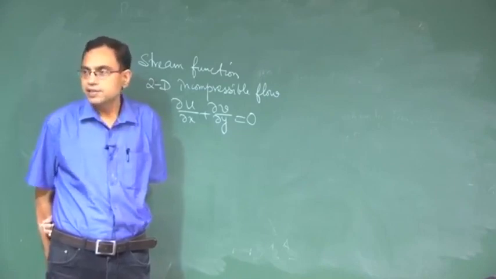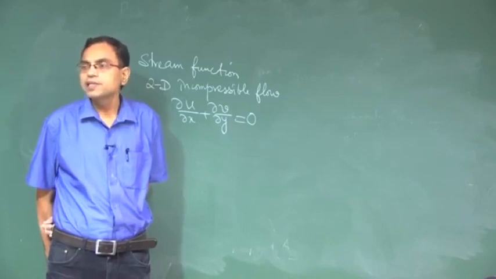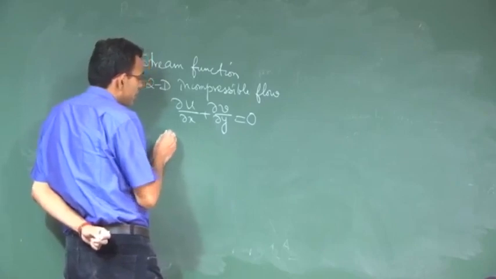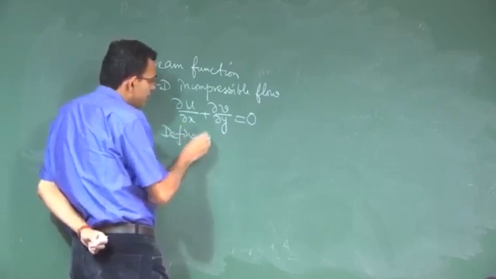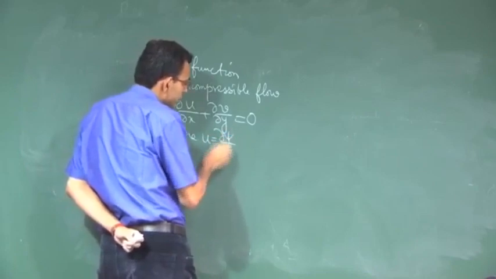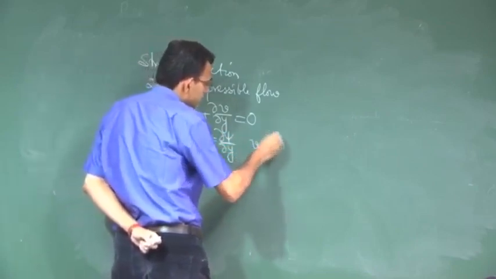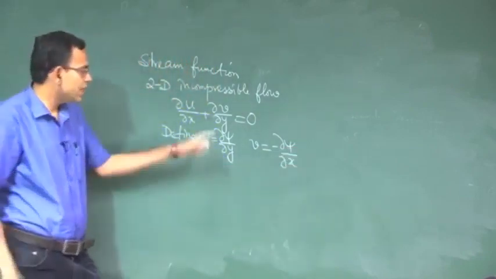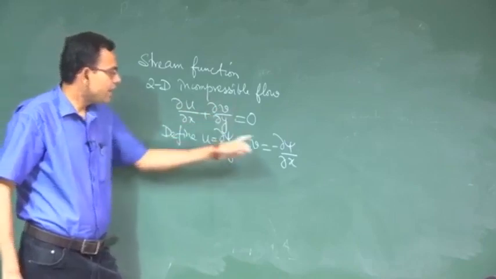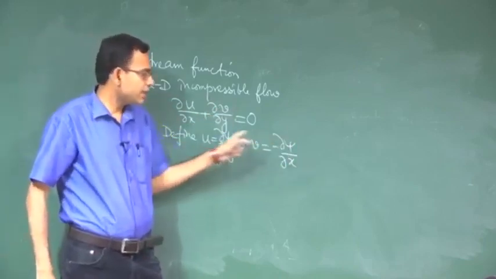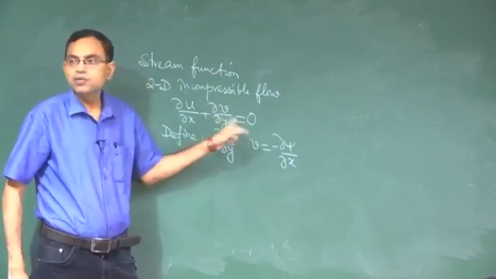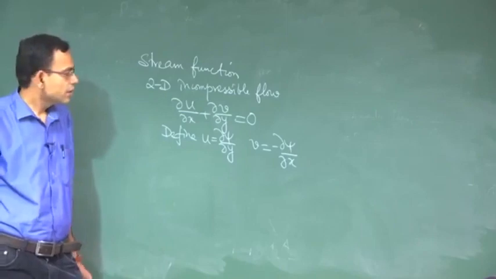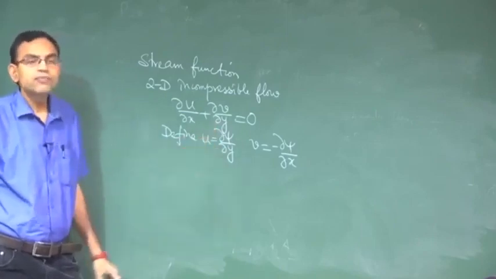So it would be very nice if this equation is expressed in a parametric form. If you define it in that way, then you can clearly see that this parametric definition, where psi is a function of x and y, will satisfy this equation automatically. So this psi is called the stream function.